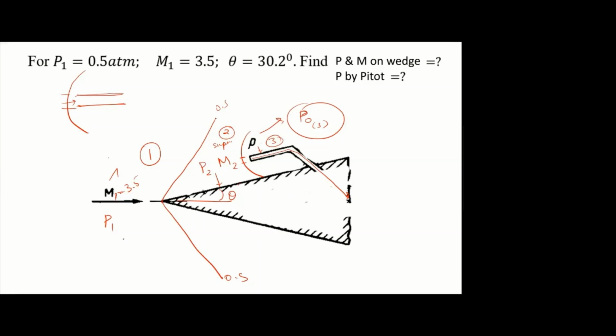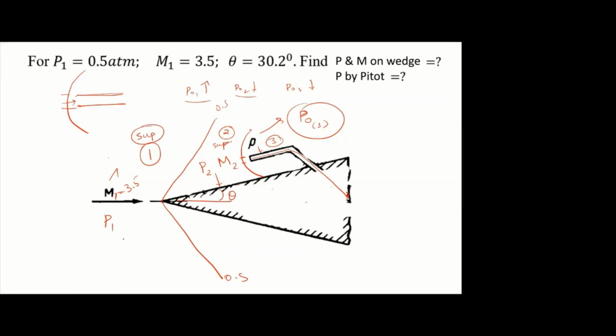Across every shock there will be a stagnation pressure loss, right? So P01 will be high, P02 will be further reduced, P03 will be further reduced. So what this pitot measures is P03, which is not equal to P01 and P02. Is that clear? Yes, sir.